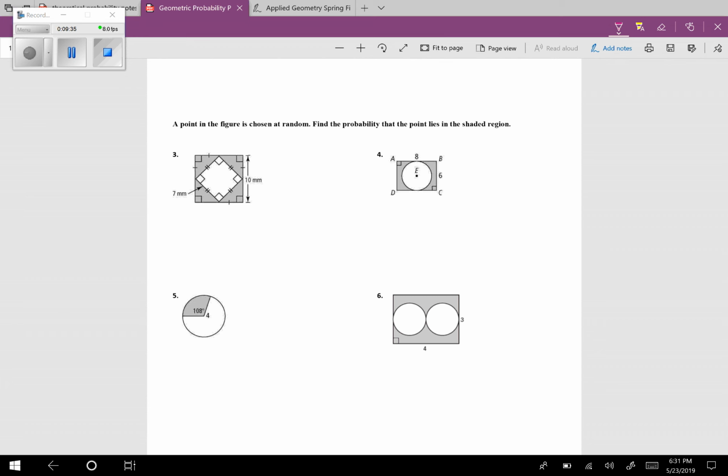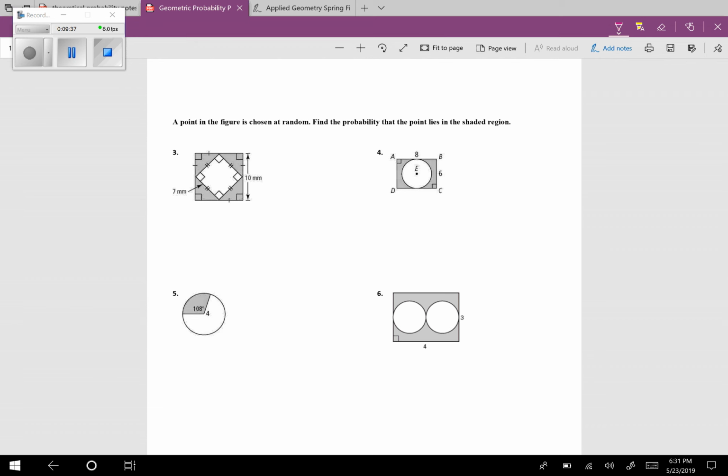Now on these ones, this is where you have to do the subtracting. I'm sorry about that. It's a shaded area. So here you've got a big square, and then you're going to take away the smaller square, and you're going to do it out of the total of the big square. On this one, you've got a rectangle.